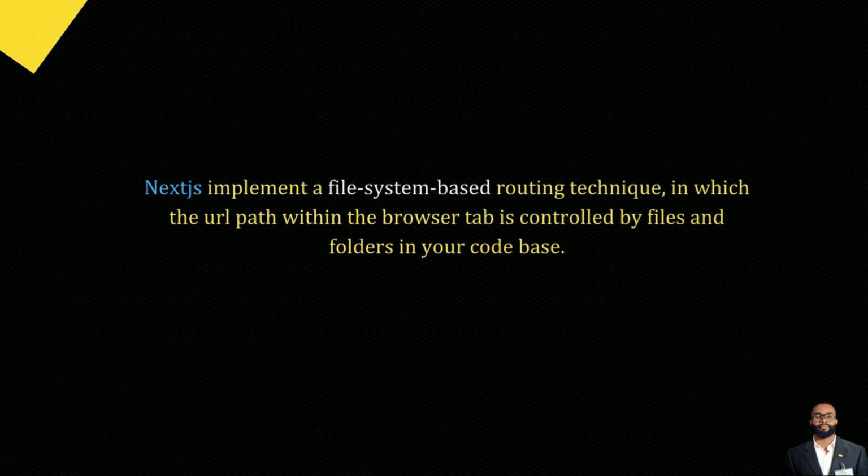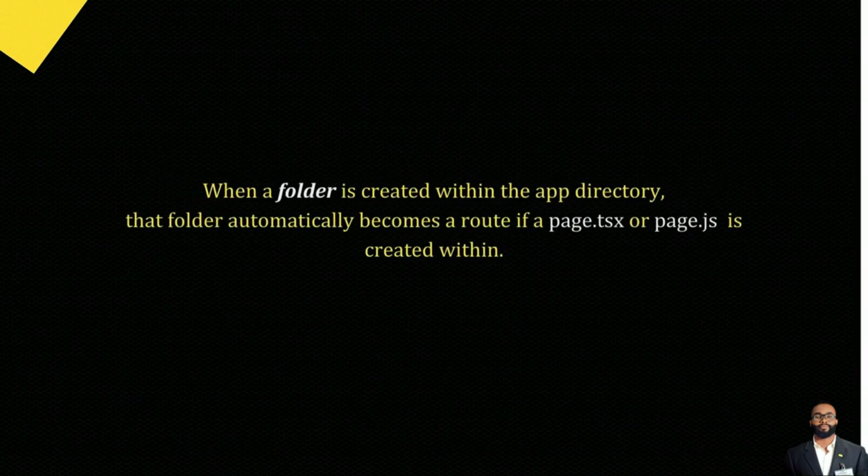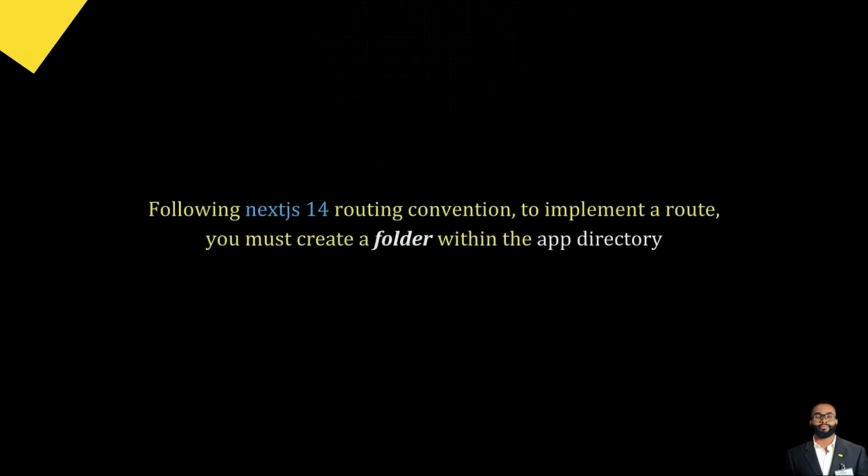Take note of this key point. In Next.js 14, when a folder is created within the app directory, that folder automatically becomes a route when a page.ts or a page.js is created within. So following the Next.js 14 routing convention, in order to implement a route, you must create a folder within the app directory.